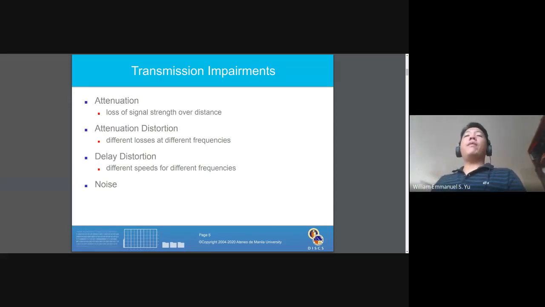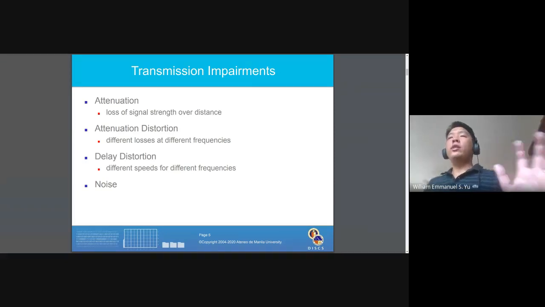The second type is what we call attenuation distortion. Because if we send signals over different frequencies, then they can be impaired in different ways because different frequencies are used. For example, lower frequencies are more prone to audible noise type impairments, while higher frequencies up to visible light are prone to opaque object blocking, right?